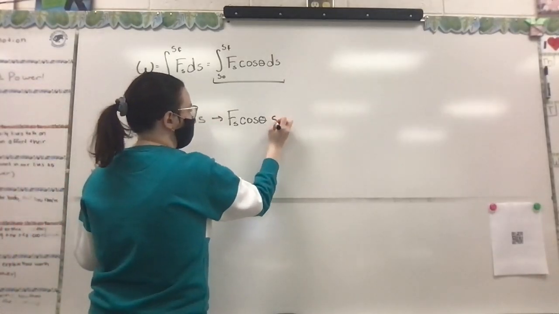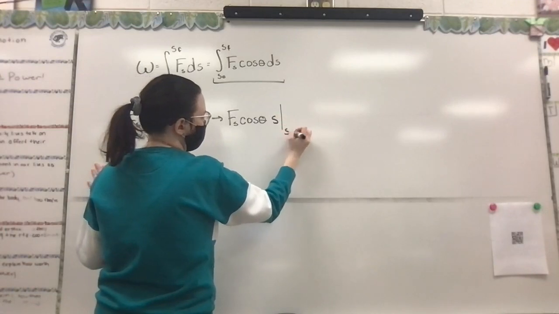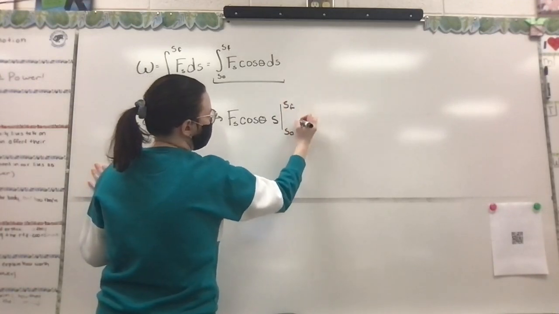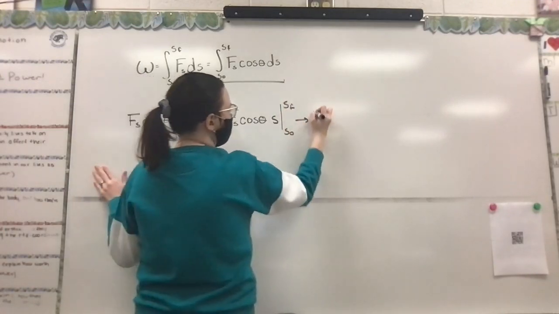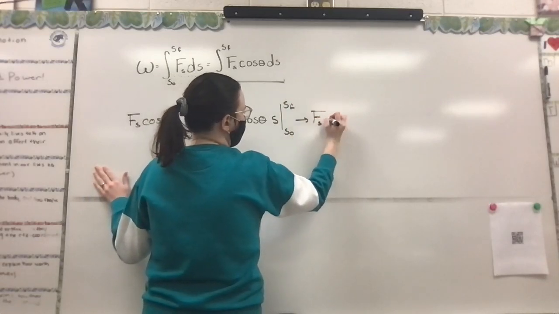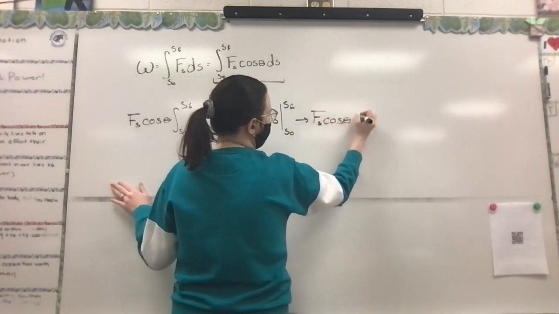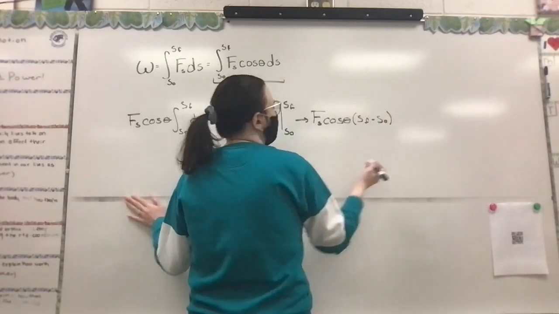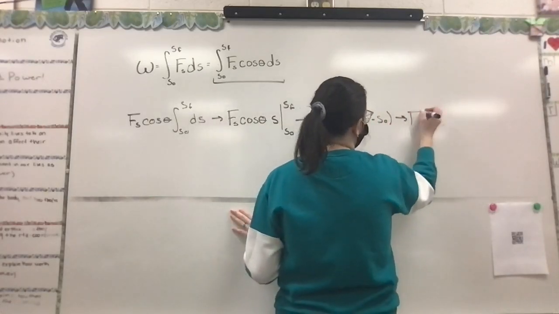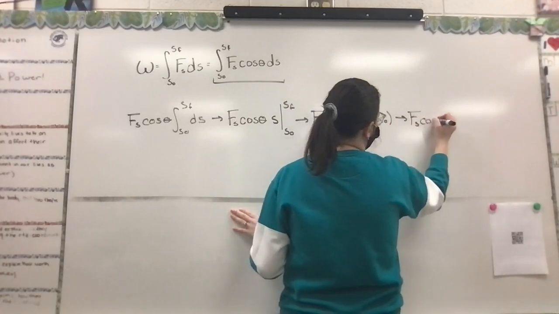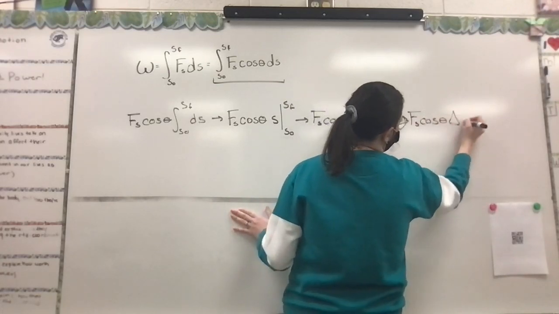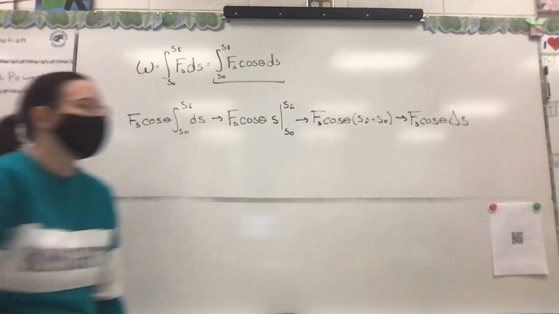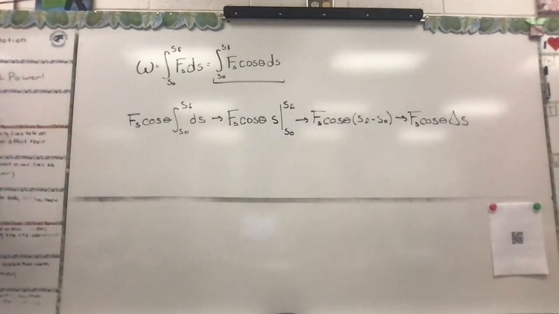And we have to evaluate that from its initial to its final, so you end up with Fs cosine of theta times s final minus s initial, which then becomes Fs cosine of theta delta s. And that is our equation for work whenever there is an angle.